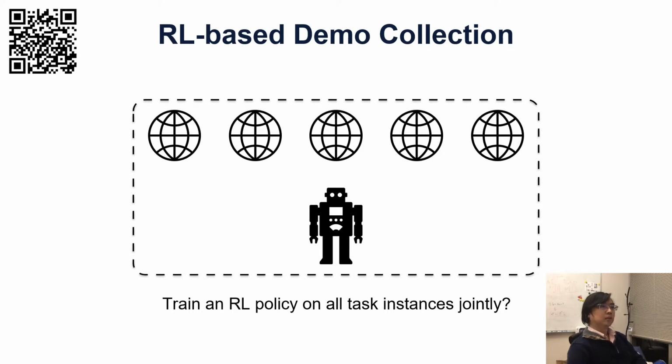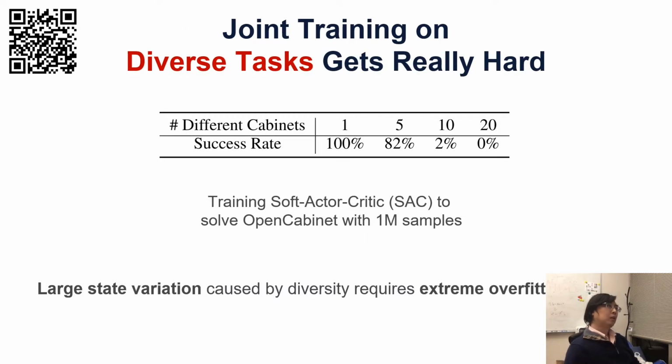Ideally, we'd like to train our policy on all our environments together, but we also find it to be extremely hard. To solve our open cabinet task by reinforcement learning, we try to train an agent with 1 million samples in SAPIEN. We can see that we achieve 100% success rate to open just a single cabinet. However, when we try to increase the variation in the training set, the success rate drops quickly to 0%.